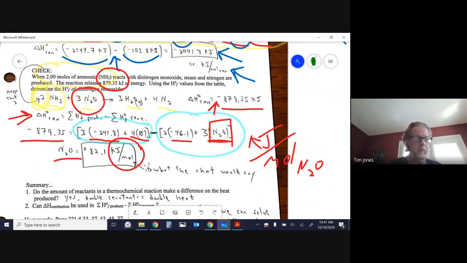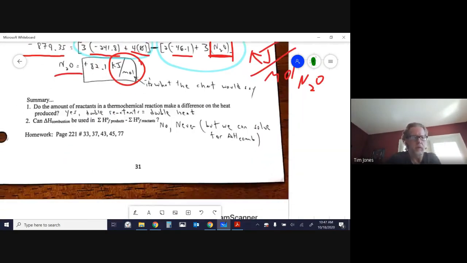All right, what's at the bottom here? Number one, does the amount of reactants in a thermoreaction make a difference on the heat produced? Yes, if you double the amount of reactants, you will theoretically double the heat. That's kind of the same thing that Hess's law is saying. And two, can you use the delta H of combustion values for today's technique of summation?